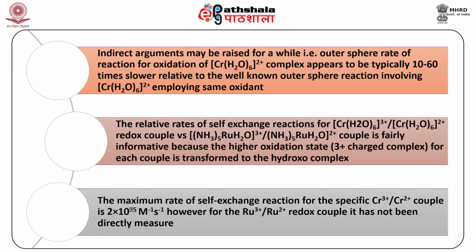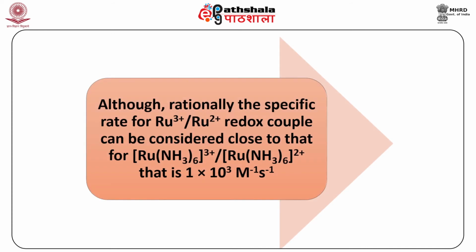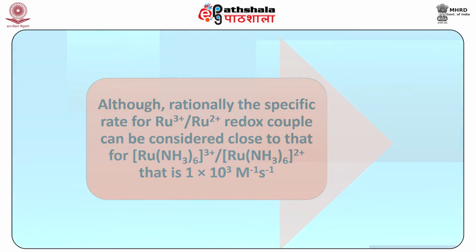However, the rate for the ruthenium 3, ruthenium 2 redox couple is not directly measured, although it was rationally estimated. The specific rate for this couple can be considered close to that for the ruthenium hexaammine 3+ and ruthenium hexaammine 2+ redox couple, that is 1 × 10^-3 mole inverse second inverse.